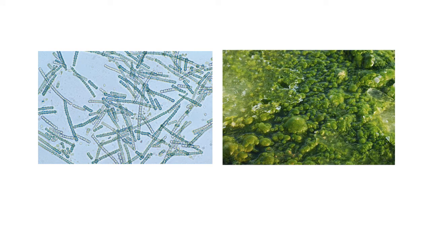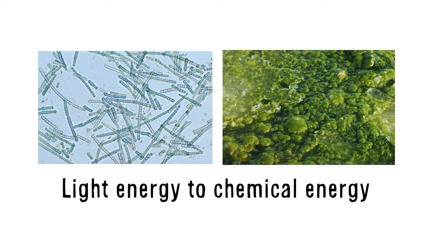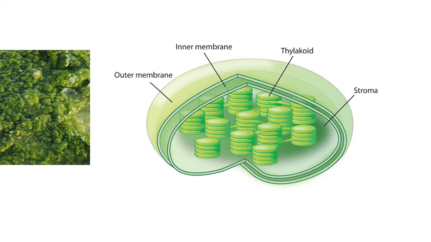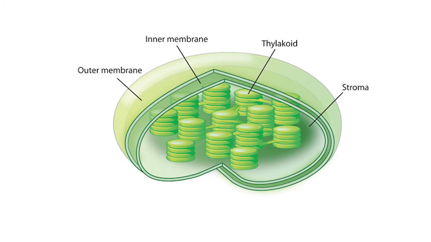For photosynthesis to occur, certain structures must be present in prokaryotes and eukaryotes to enable the transformation of light into chemical energy. In eukaryotic cells, photosynthesis happens inside a chloroplast, a unique organelle enclosed by a double membrane.